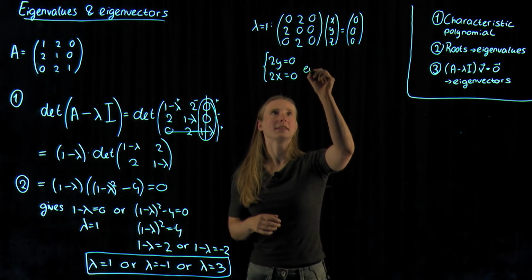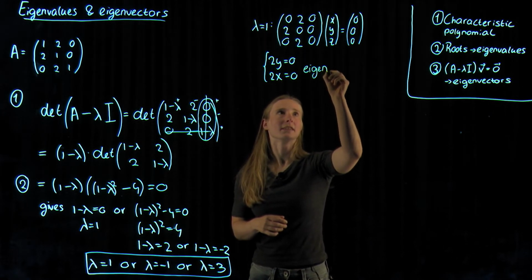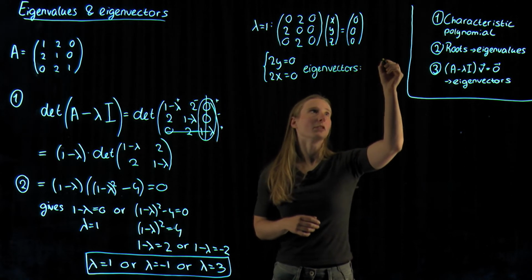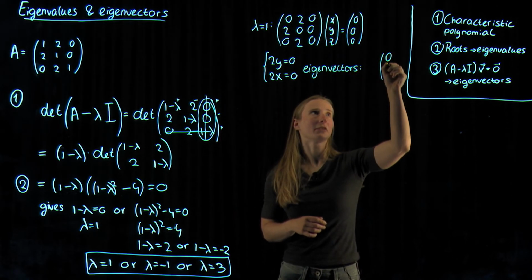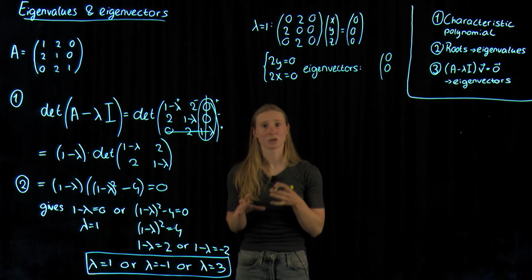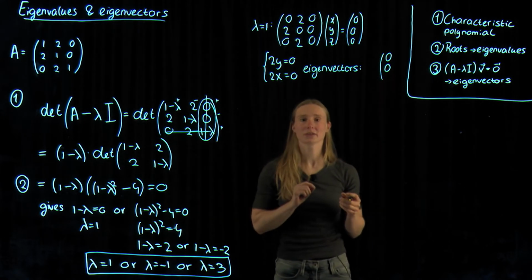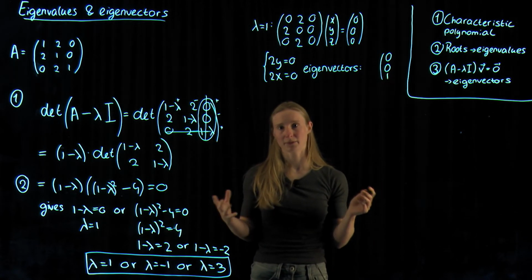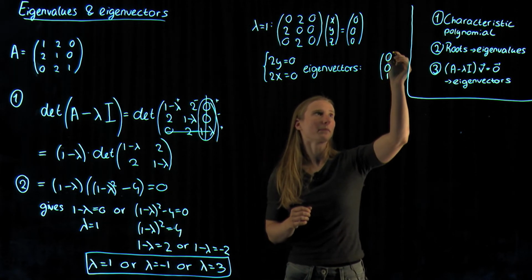So we get as eigenvectors, x is equal to 0, y is equal to 0, and for z we can choose anything. We have no restrictions. So let's just choose the easiest thing that is non-zero, and that is 1.